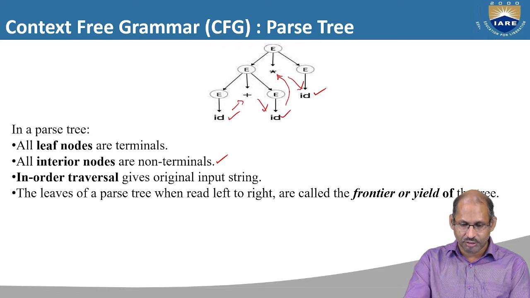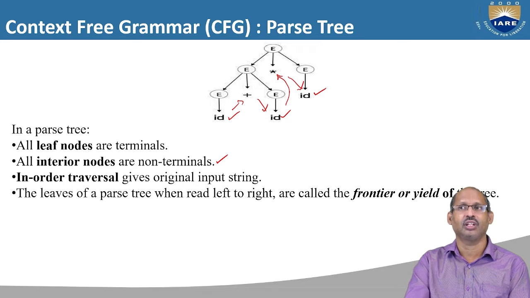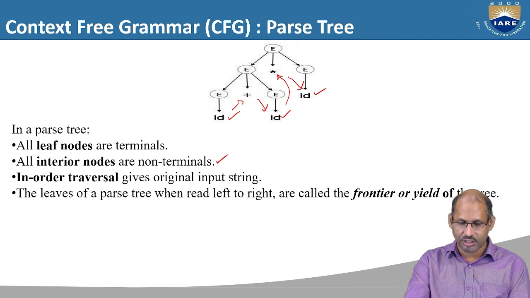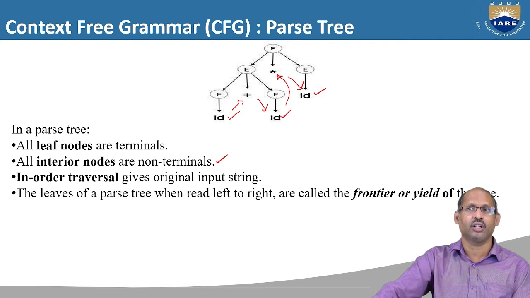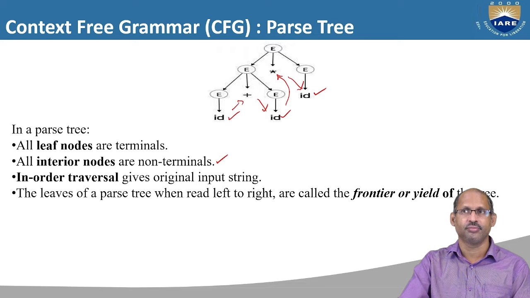The leaves of a parse tree, read from left to right, are called the frontier or yield of the tree.